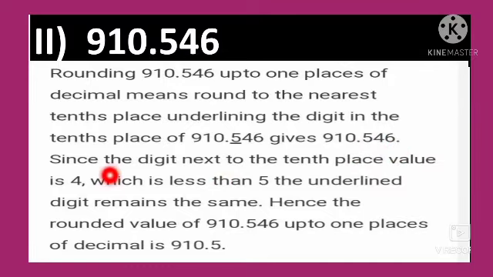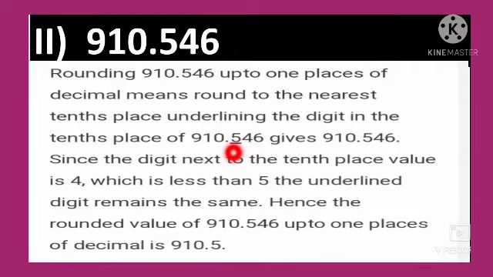Then look at the digit to the right of the underlined digit. If that digit is less than 5, then the underlined digit remains the same. Here, what about the next digit after the underlined digit? Here it is 4, which is less than 5. So we have to write down the underlined digit as it is.